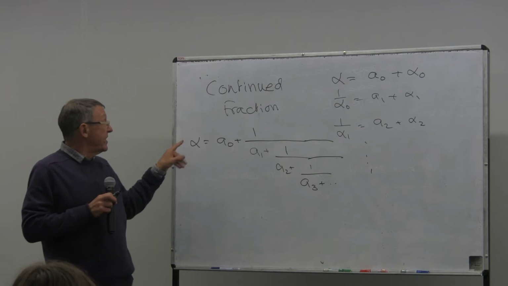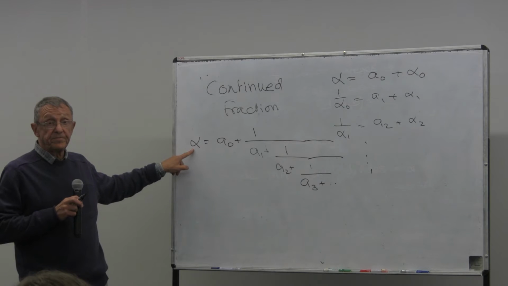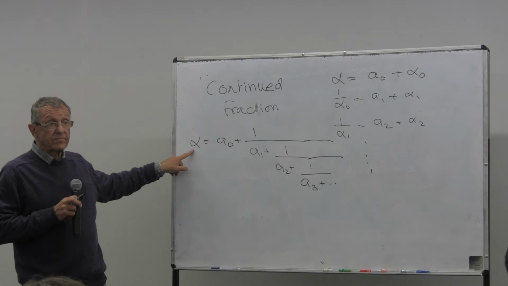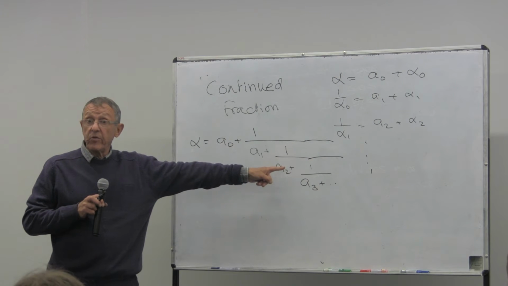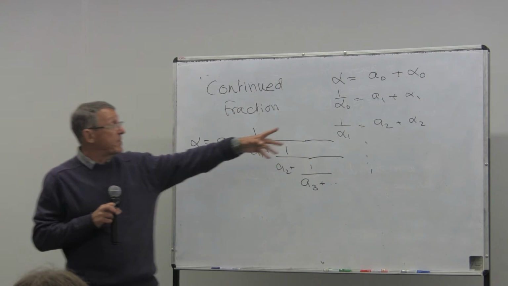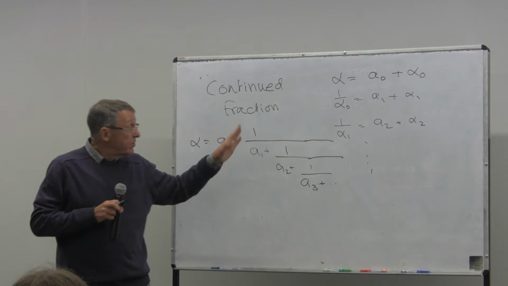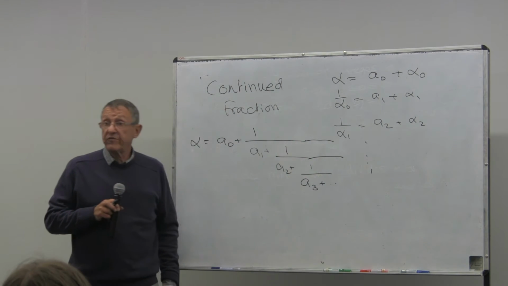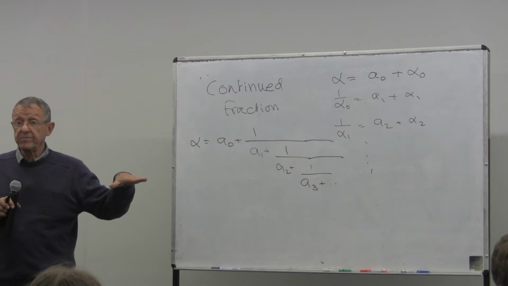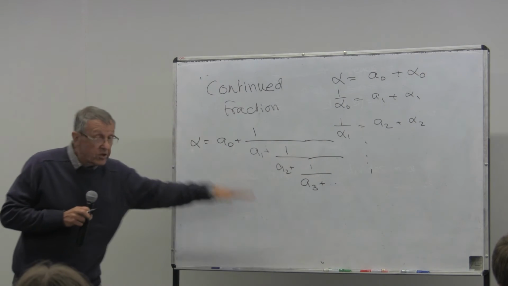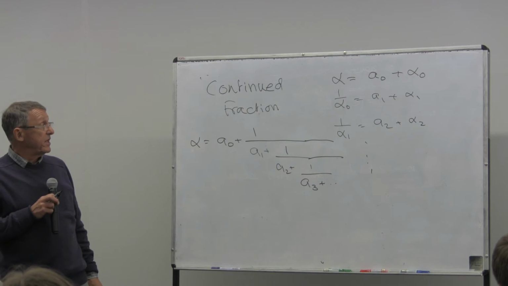What happens if alpha is rational? It must terminate. We know that there will be a zero remainder at some stage. Alpha 2 is basically the remainder. So the procedure stops after a finite number of steps. It terminates if alpha is rational, if and only if. And it goes on forever if alpha is irrational.